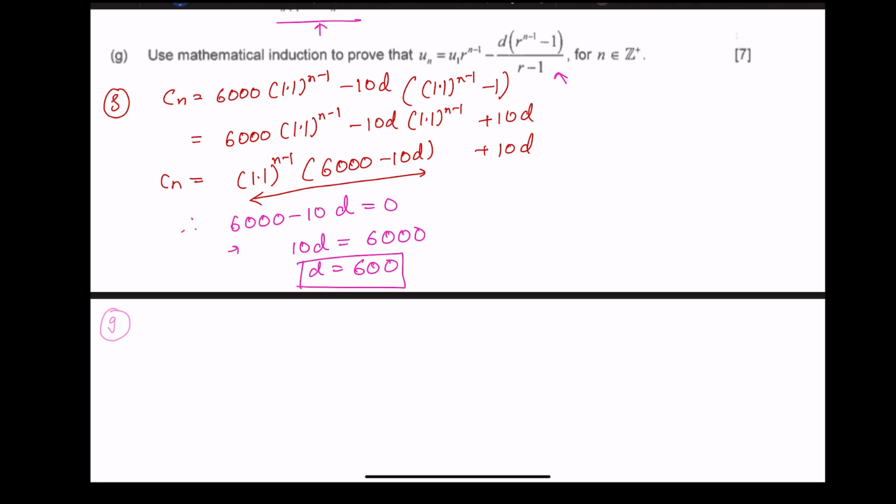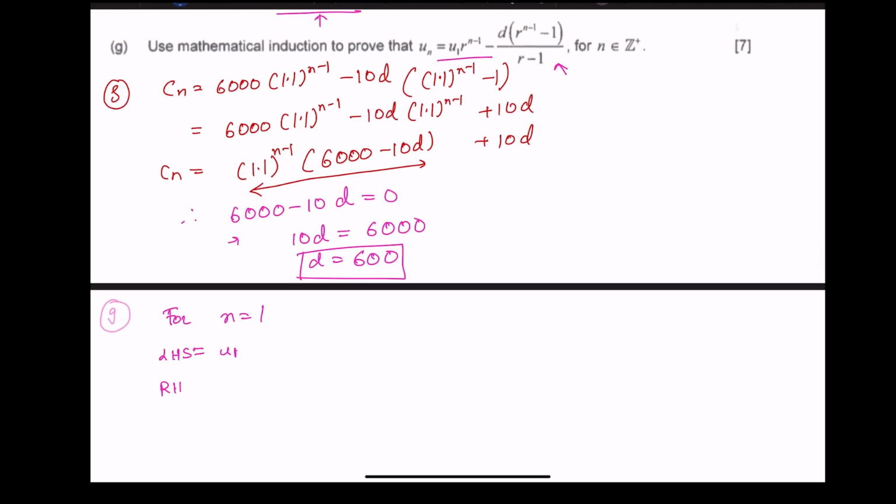So the first step, for n equals 1, the left hand side of this equation is just u1. And what happens to the right hand side? Right hand side is u1 r to the power of 1 minus 1 minus d times r to the power 1 minus 1 divided by r minus 1.